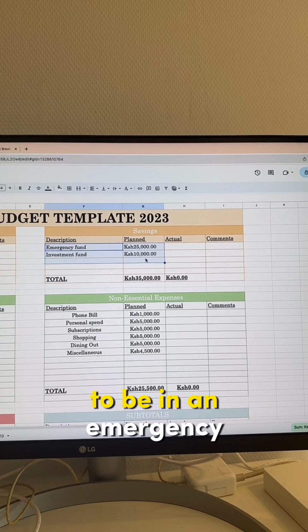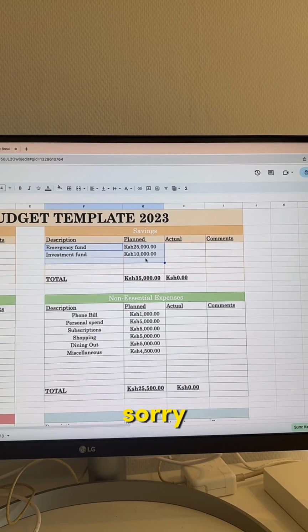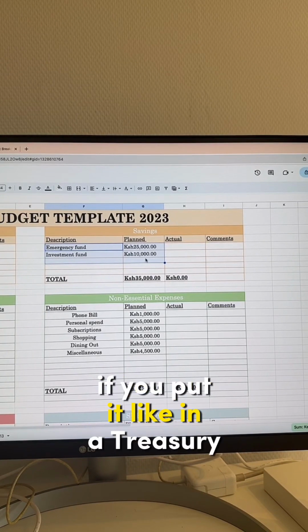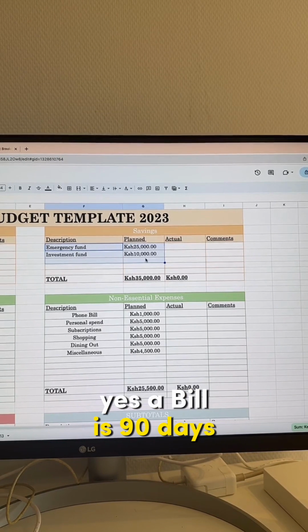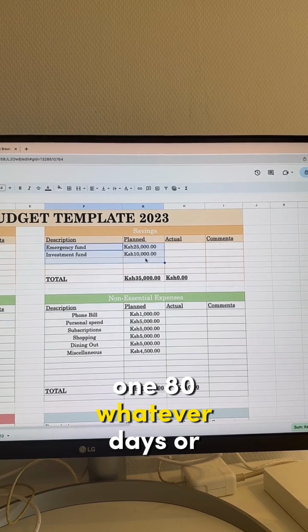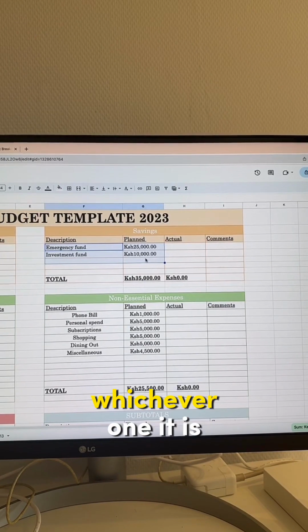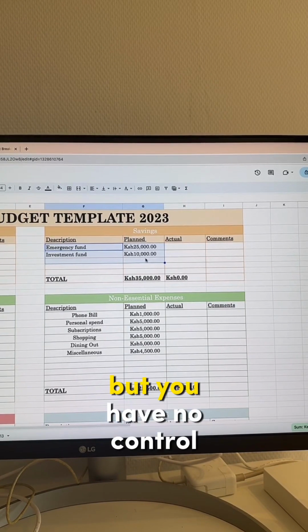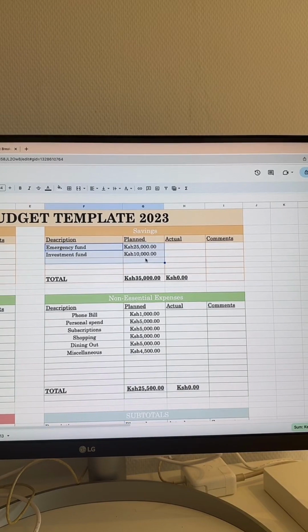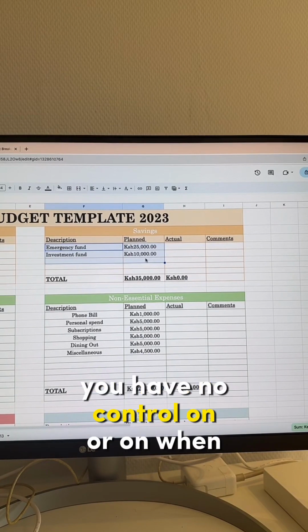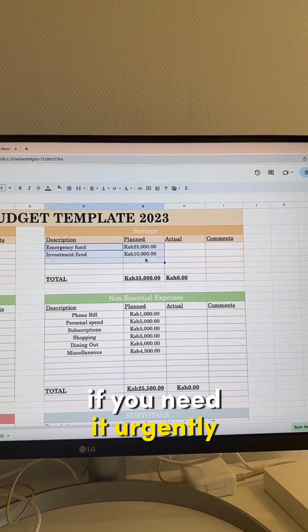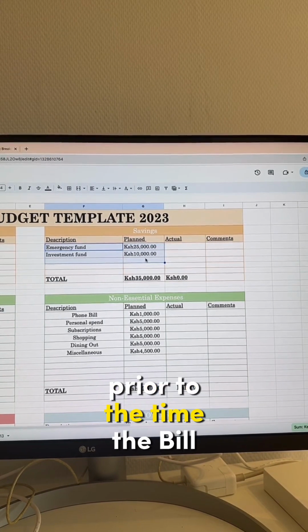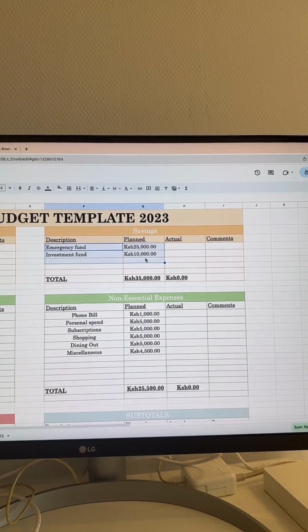If you put it in a treasury bill, yes, a bill is 90 days, 180, or 364 days, but you have no control. You cannot access it if you need it urgently prior to the time the bill matures, right?